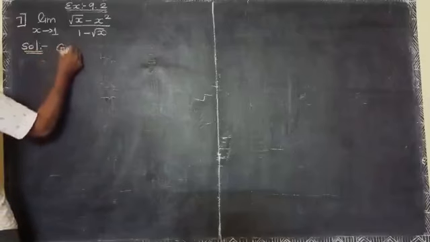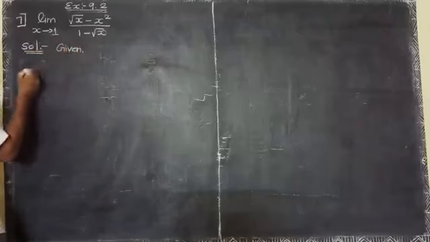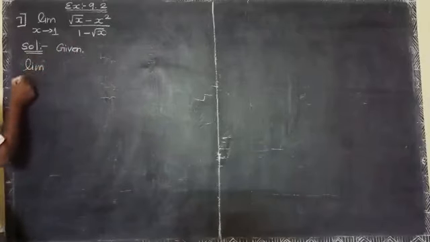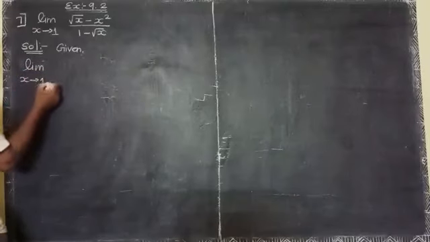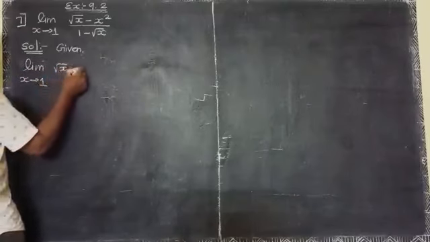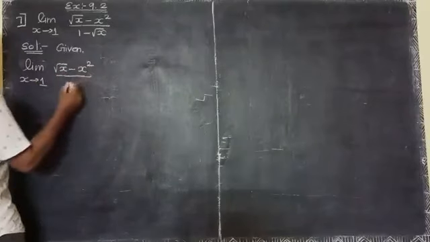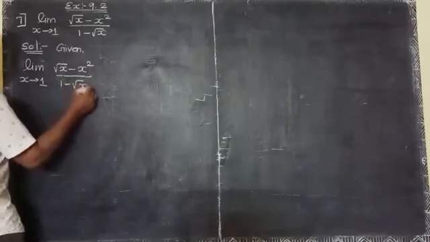Solution. Given limit x approaches 1 of square root of x minus x square divided by 1 minus square root of x.